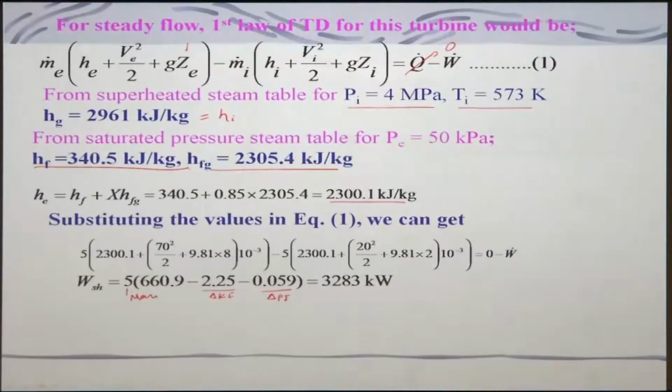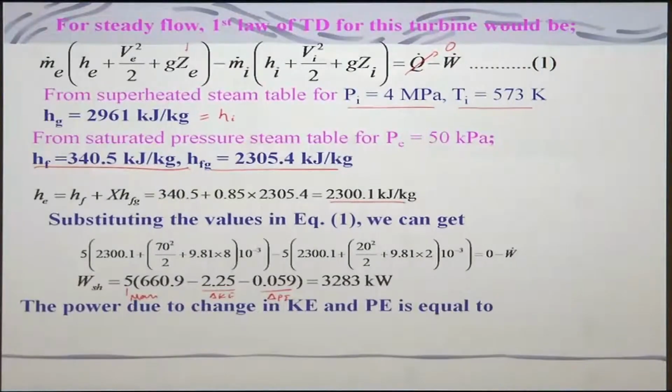Now, this is quite a bit of power being generated by this turbine. We need to find the error if we neglect the change in kinetic energy and change in potential energy, which is almost 0. The power due to the change in kinetic and potential energy can be evaluated easily: taking the change in kinetic energy 2.25 and change in potential energy 0.059, times 5, it comes to around 11.5 kilowatt, which is very small compared to 3283 kilowatt.